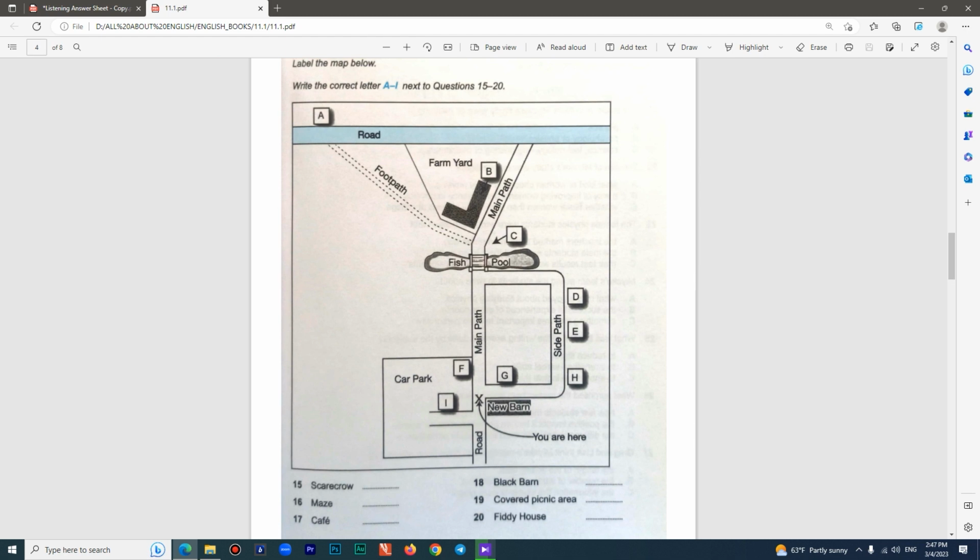Now, can you see the bridge crossing the fish pool further up the main path? If you want to go to the cafe, go towards the bridge and turn right just before it. Walk along the side path and the cafe's on the first bend you come to. The building was originally the schoolhouse, and it's well over 100 years old.